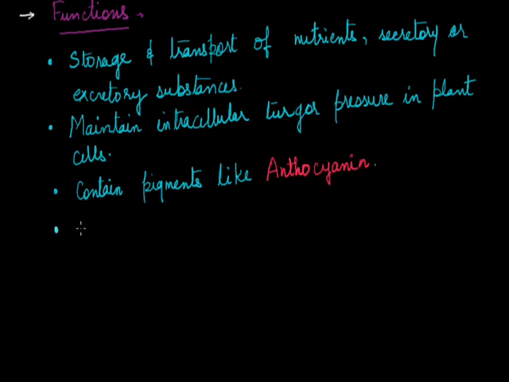Besides this, some organisms contain a special type of vacuole which can change its shape and size, and it is bounded by a different type of membrane which can contract, and it is known as the contractile vacuole.